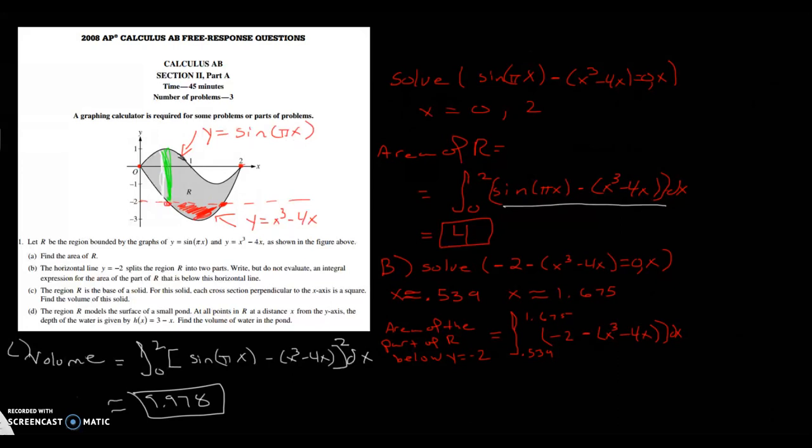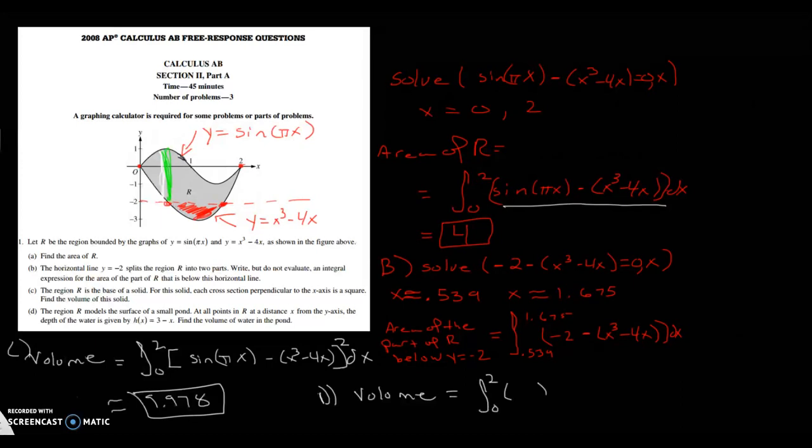Okay, part D. The region R models the surface of a small pond. At all points in R at distance x from the y-axis, the depth of the water, h of x, is equal to 3 minus x. So for part D, the volume would use the formula we had in part A, but from 0 to 2.